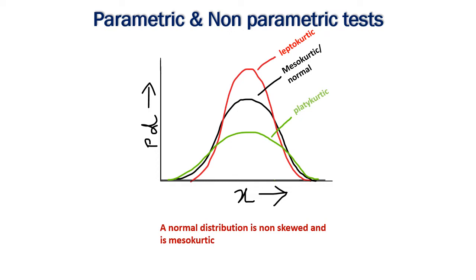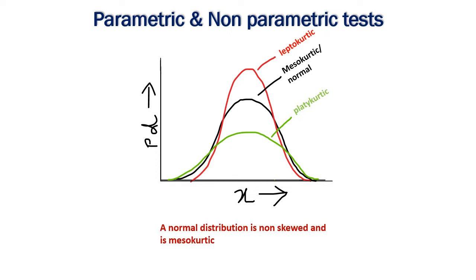The green one is a platykurtic data distribution pattern, and the red one is a leptokurtic one. In either of these cases, it is not a suitable distribution pattern to perform parametric tests with, because kurtic distribution patterns often tend to exclude the extreme regions from the distribution tail.